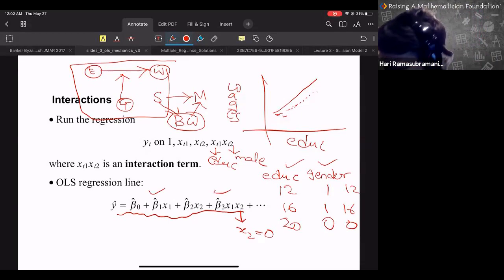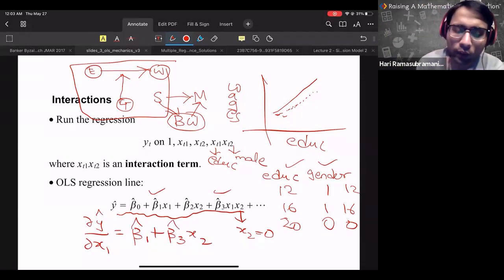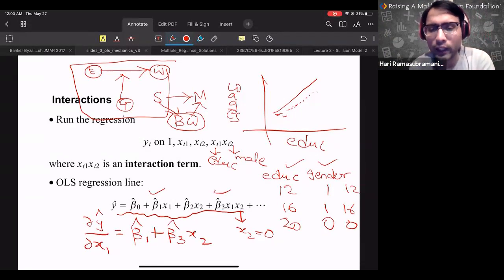Why? Because how do you calculate the partial effect of x1? It will be beta 1 hat plus beta 3 hat times x2. Note that when you are differentiating with respect to x1, x2 is a constant. We are taking a partial derivative.